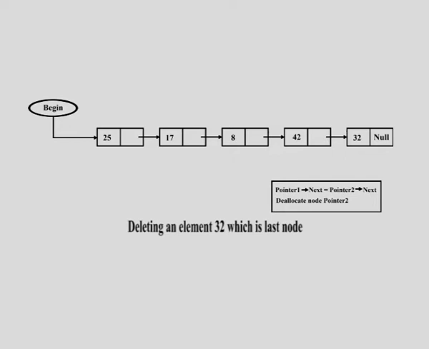So, the linked list is traversed to get the address of second last node and the last node, and we get the address of node 42 in variable pointer 1 and address of desired node in variable pointer 2. Now, just perform the operation pointer 1's next is equal to pointer 2's next to store the null value into the next part of second last node. This is because pointer 2 next is null as it is the last node.